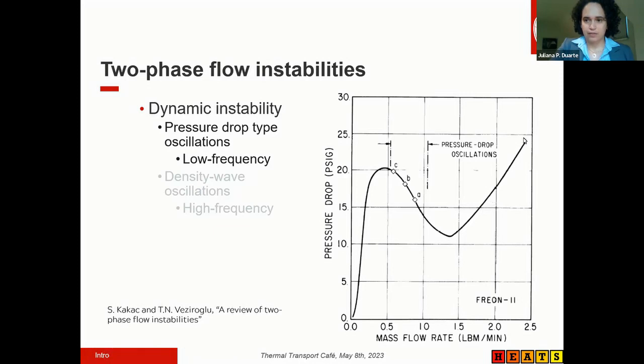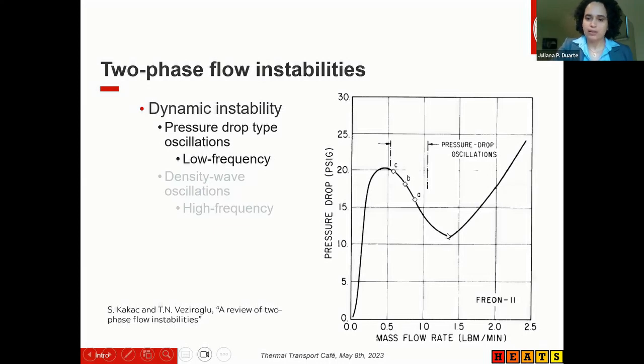If you look at the curve on the right side, the left side of this curve, if you can see my pointer here, shows the single phase pressure drop, where as the mass flow rate increases, the pressure drop will also increase. And this is for a constant power that we are applying to the flow channel.